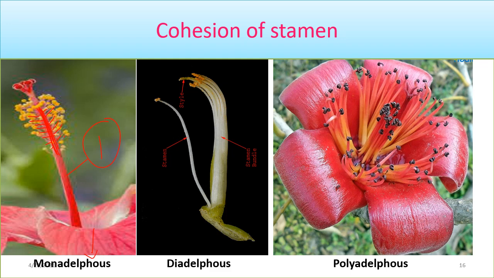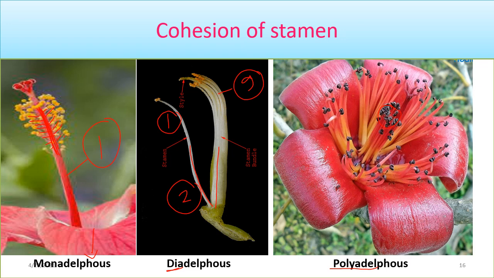If you look at the second picture, this is a bunch of 9 stamens, and this one stamen is separate. If you check the number of bundles, this is 1 and this is second. So 2 bundles are there, and hence this is called diadelphous. In this case, this is polyadelphous. You can see this is one bunch.